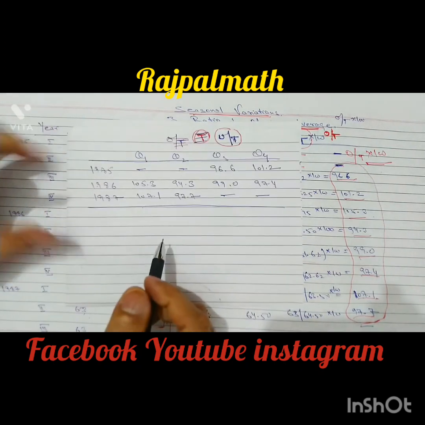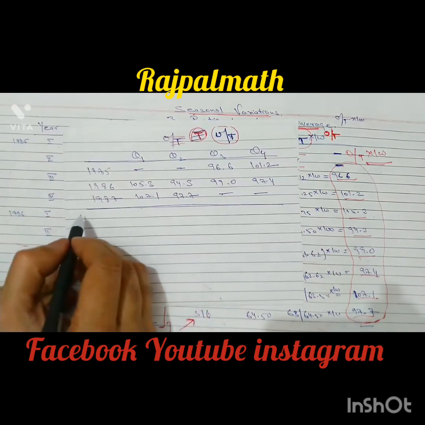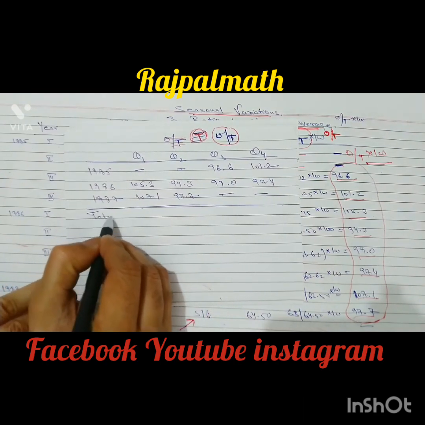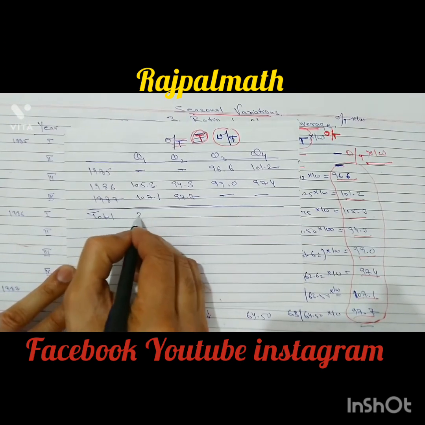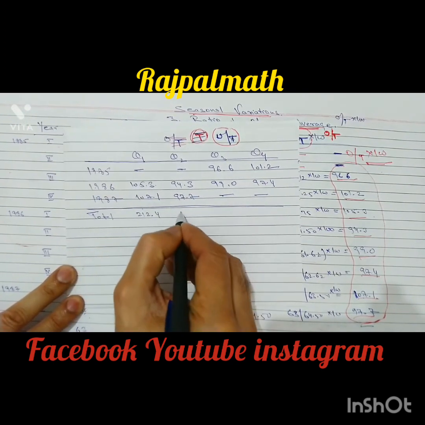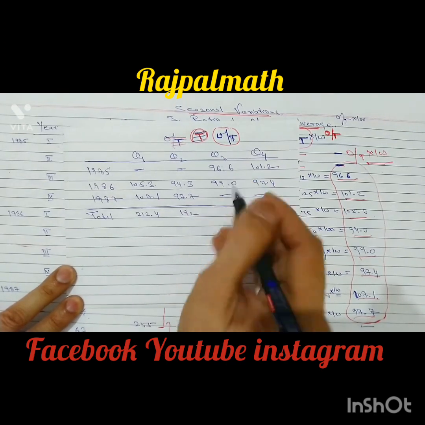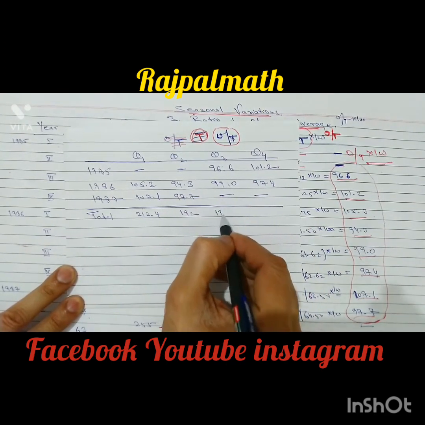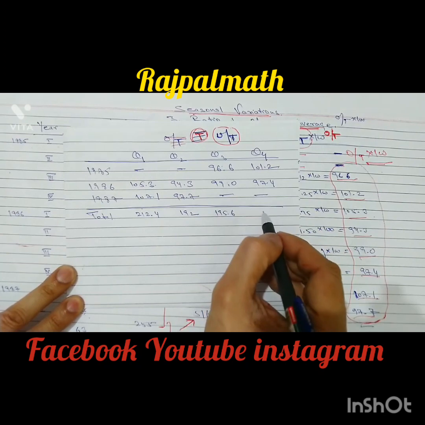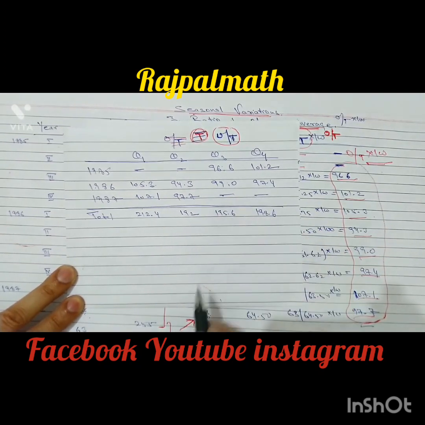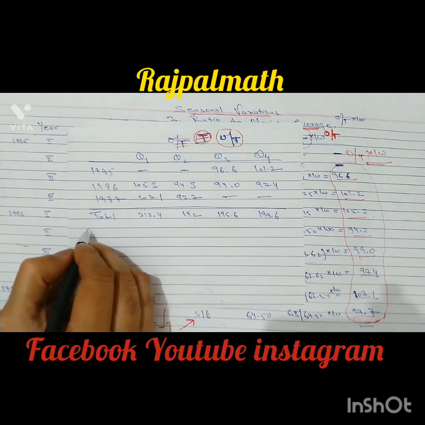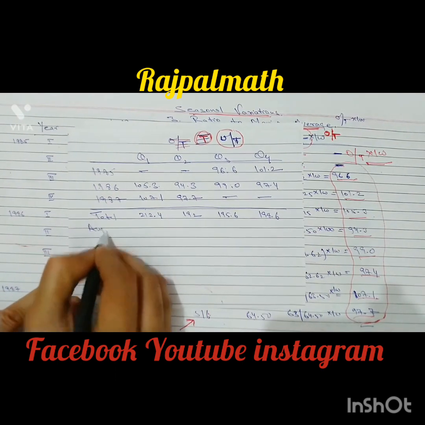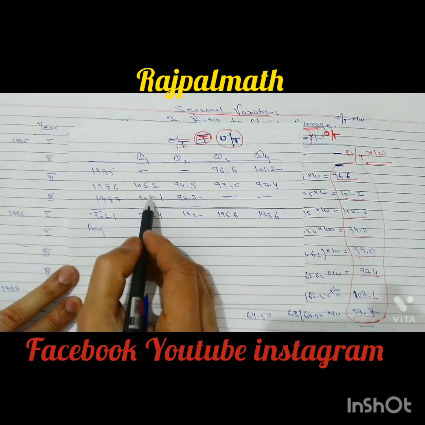Now first find the total. Total of these values, 105.3 and 107.1, is 212.4. For next, 192. Total of these two terms is 195.6. Total of these two terms is 198.6. Right? Then the average. Divide by 2.